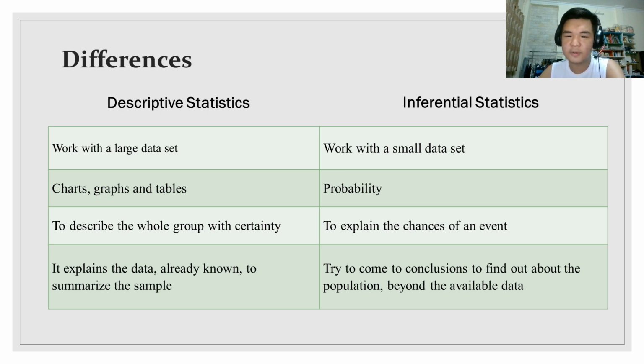The descriptive is used to describe the whole group, while the inferential is used to explain the chance of an event. The descriptive explains data that is already known to summarize the sample, while the inferential tries to draw a conclusion to find out about the population.